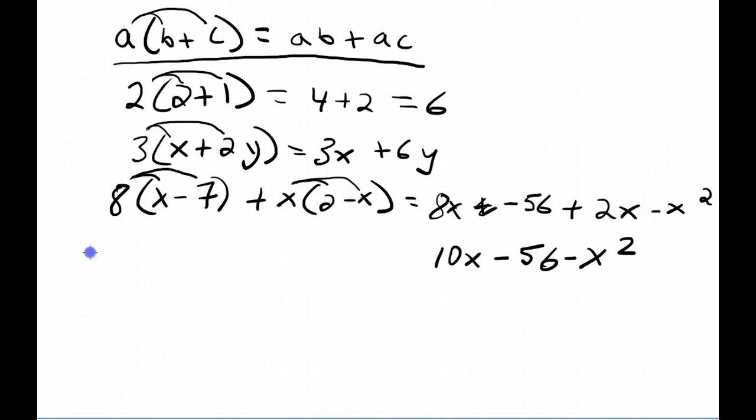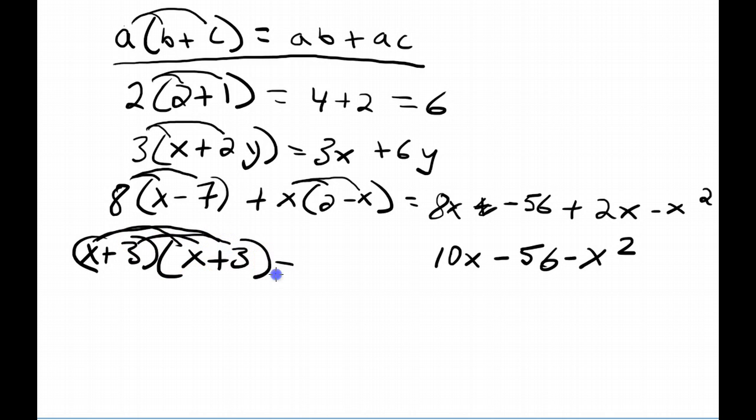Further example, if you have 2 binomials, of course, distributive property. Now since we have a binomial in front, it's going to distribute onto the first and the second term, and the second component here is going to distribute onto the first and second as well.